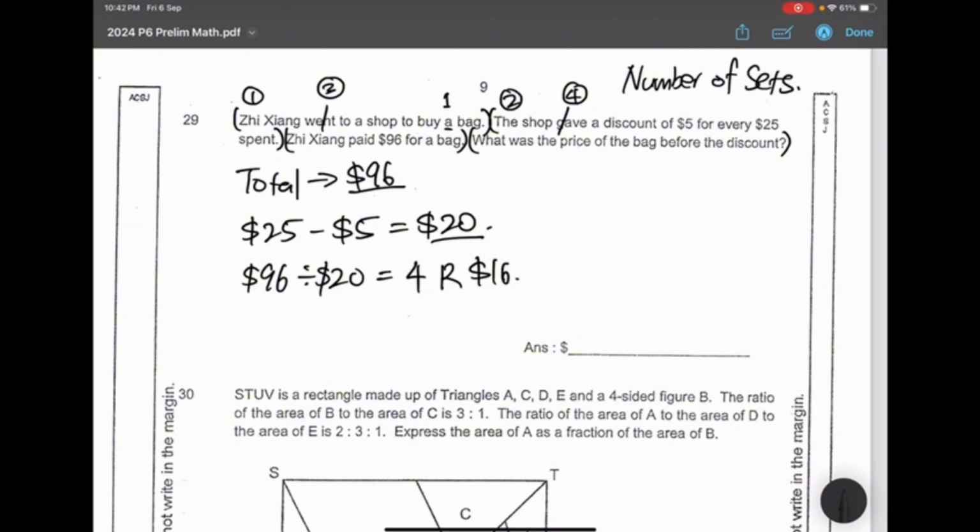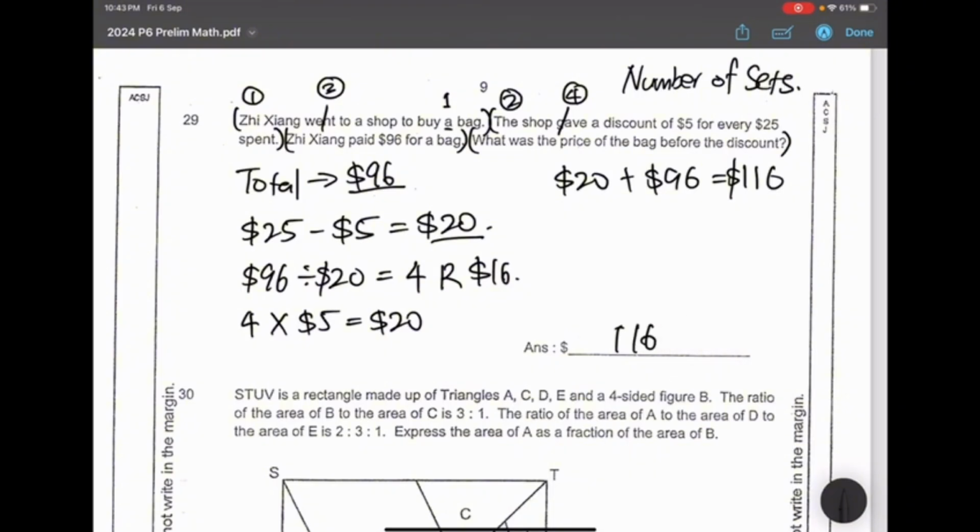So what we can do with this information is to know that there are 4 sets of discounts. So I'm going to take 4 times the $5 offs that he was given, and that would give me $20. And I'm going to add that to the $96 that he paid, and that would give me $116, and this is my answer for question 29.